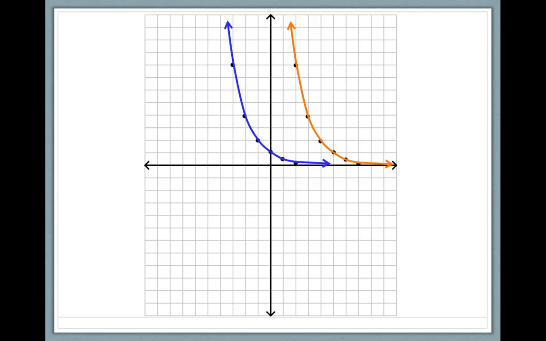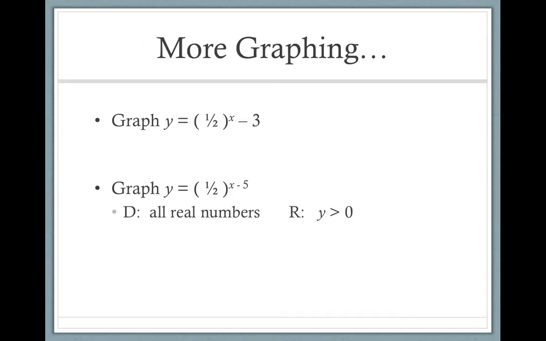And in this position, what will our domain be? Well, our domain is still all real numbers. And what is our range going to be? Well, since we did not have any k value to move our graph up or down, our range is not going to be changed. So our domain is still all real numbers, and our range is still y greater than 0.